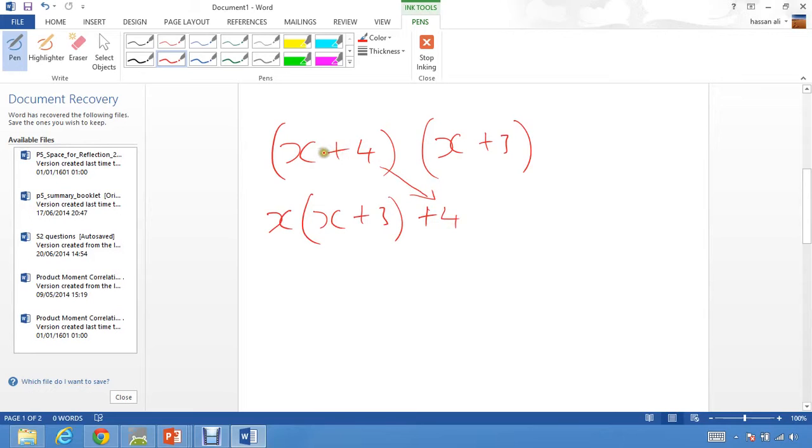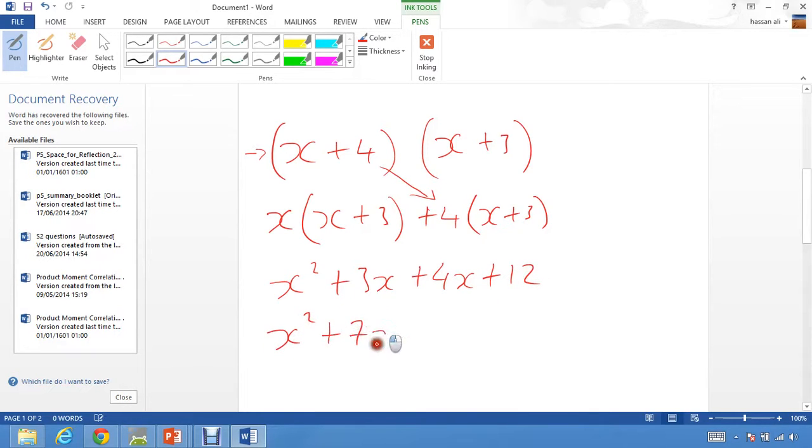Remember, in algebra it's very important that you realise that you would look at things from this way. That's a positive x, that's a positive 4. So we'll take out the 4 times by x plus 3. So now you have x squared plus 3x plus 4 times x will be 4x plus 12, and again just add your like terms. So x squared plus 7x plus 12.